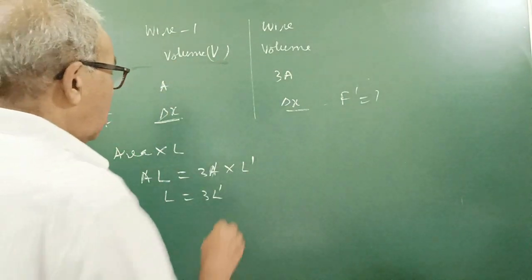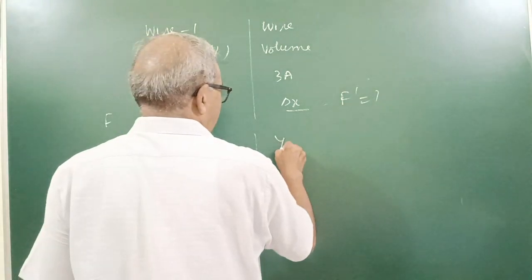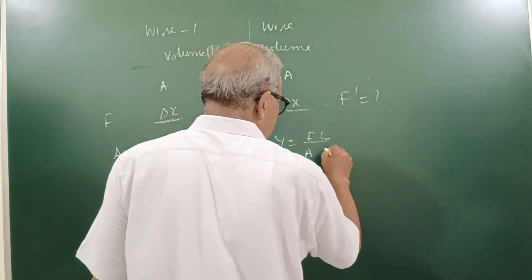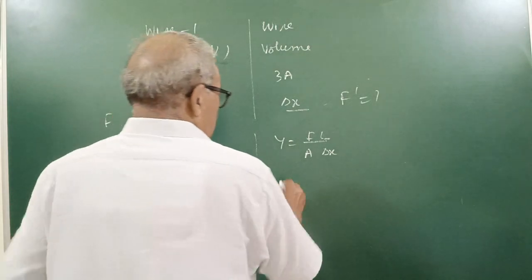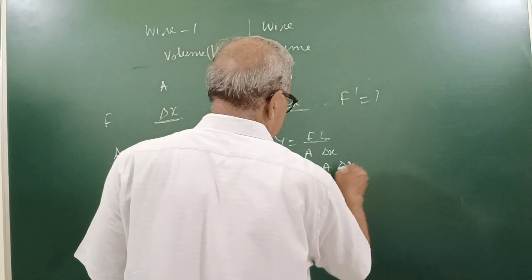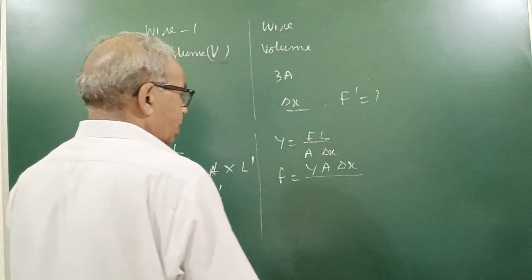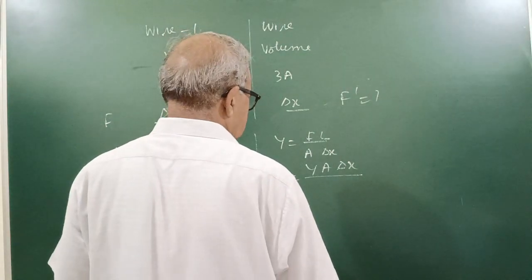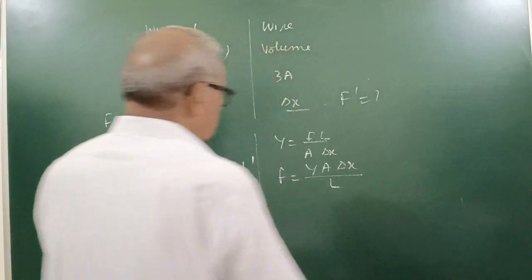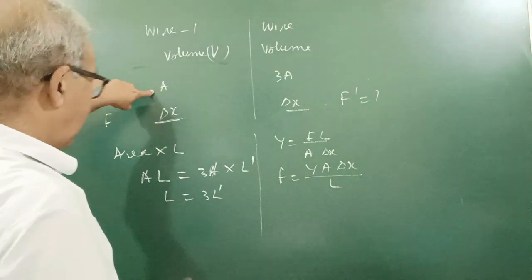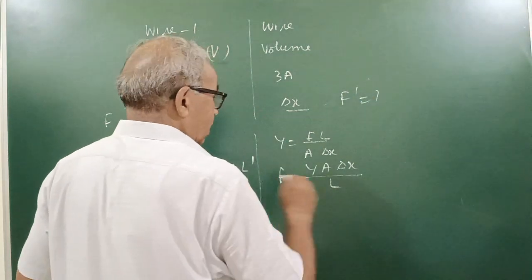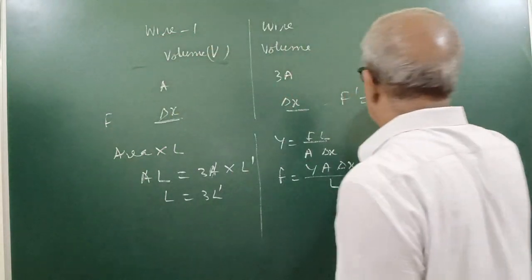Now we know Y equals F into L upon A into delta x. So F is equal to Y A delta x upon L. Here the area is A and the length is L, and this is the force required here, equation 1. How much force is required here?